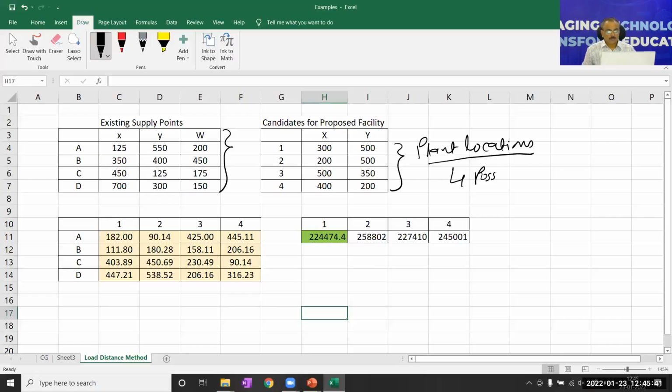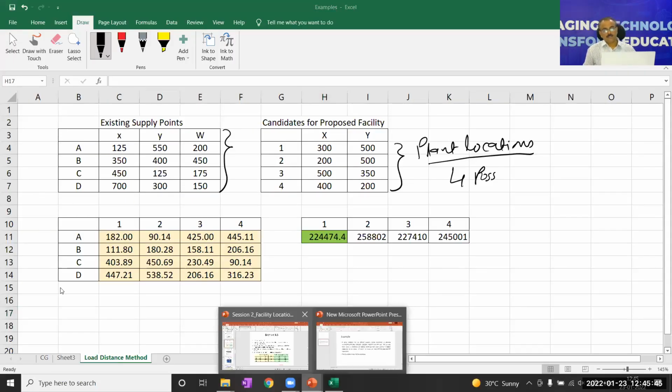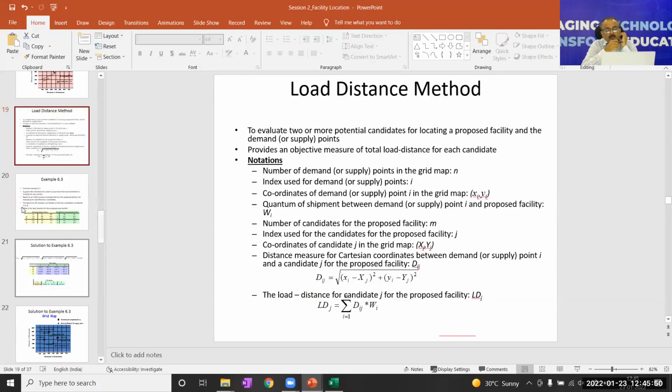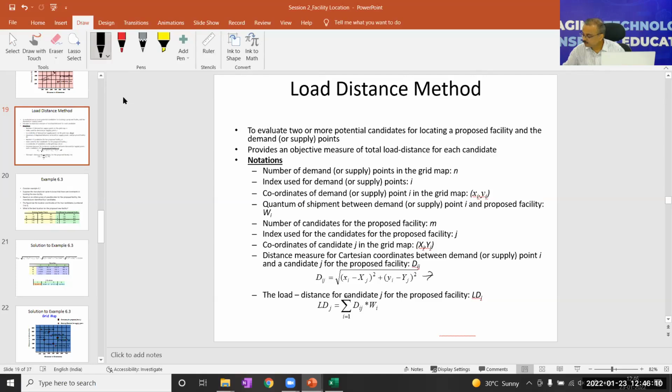So in such a situation, we can use this load distance method, wherein we will try to locate the factory based on the estimation of the total load, in terms of the load and the distance criteria. And the distance we will measure in terms of the Euclidean distance.